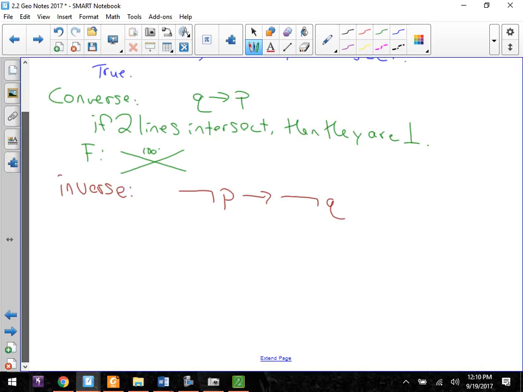What this symbol means, guys, that means not. P implies not Q. I just found this out today also. Well, our old textbook used that symbol. Our new textbook uses tilde. You guys know what tilde looks like?